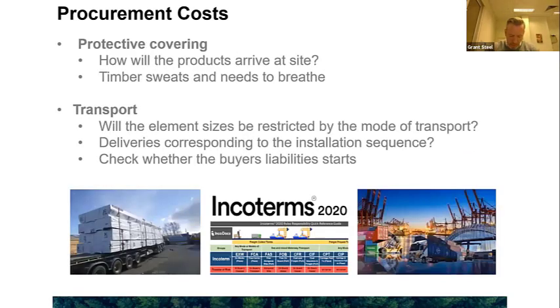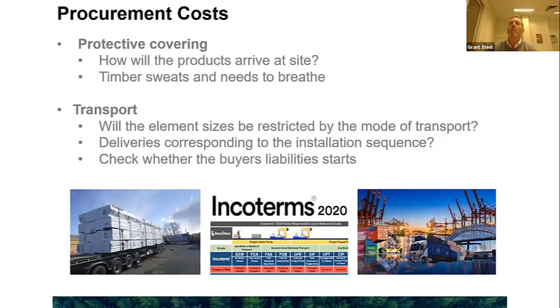Next one is protective covering. How does the product arrive? You need to just ask yourself the questions about whether they're going to be protected or whether they're going to be extracted from a container, perhaps unprotected. And if they are, what then happens? Are they going to be installed straight to site, or do they need to actually be stored from that point onwards?